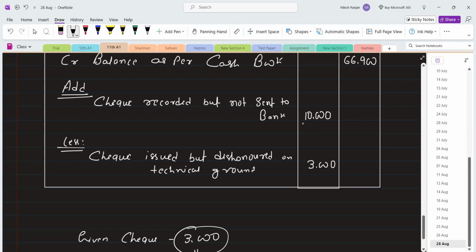Understood? So this 10,000 will be added here. It will be 76,900 and 3,000 will be deducted from this one. So it will be 73,900 and this is your debit balance as per passbook.